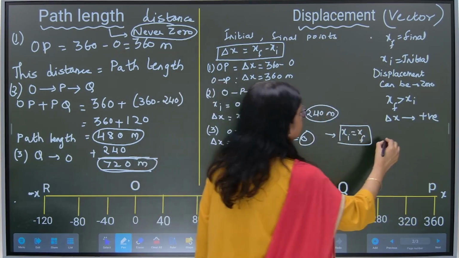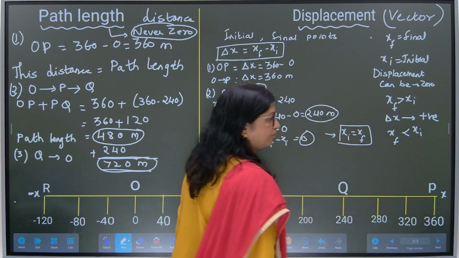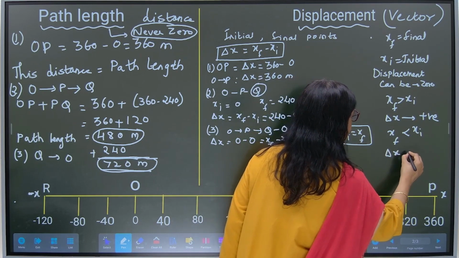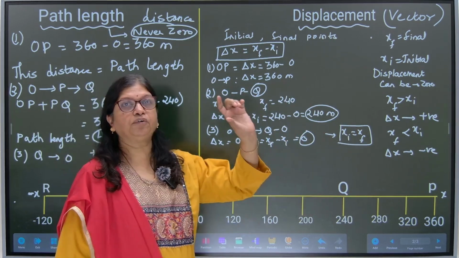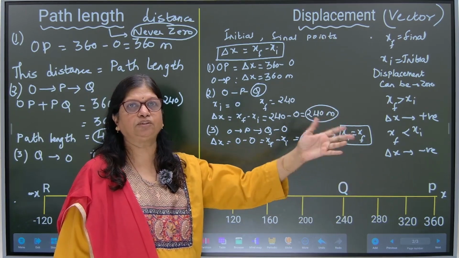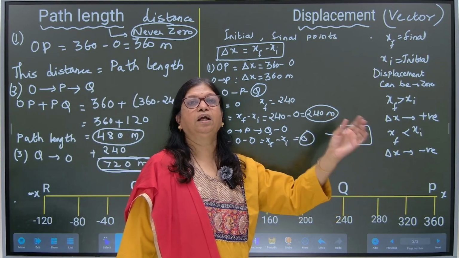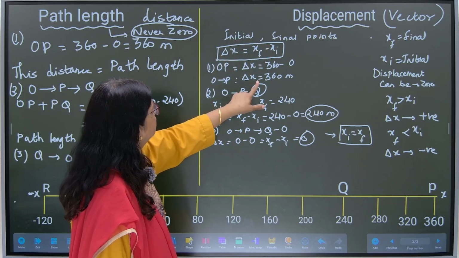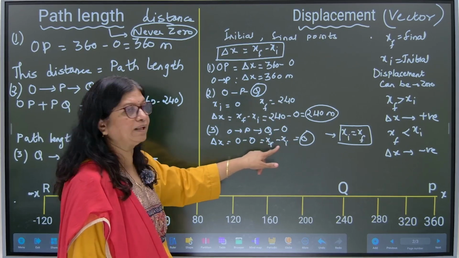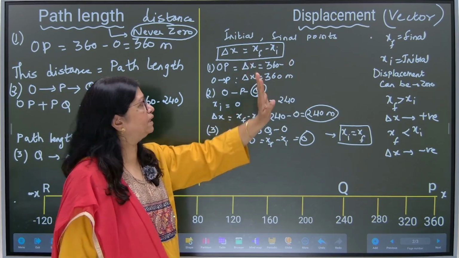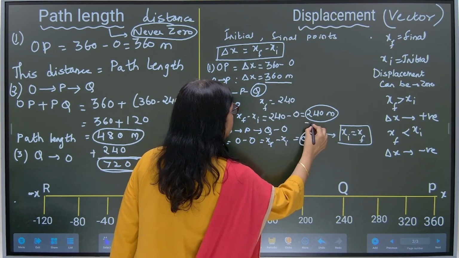If the final position is less than the initial position, then delta x is negative. This also you have to remember. In all these examples we have xf greater than xi. That's why we got the displacement as a positive answer.